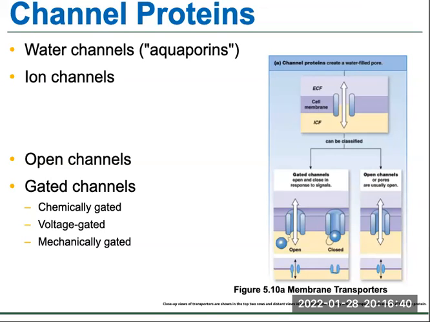In addition, research has identified hundreds of different types of ion channels. Ion channels may be specific for one ion, like sodium only, or sometimes they may allow ions of similar size and charge to pass. An example would be the acetylcholine ion channels, which allow both sodium and potassium to pass through.